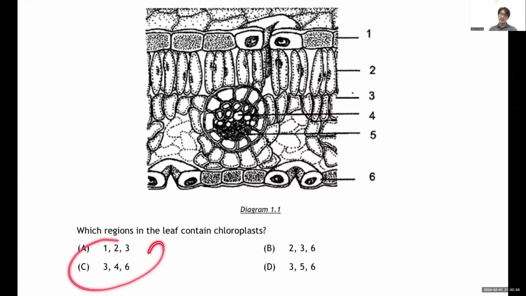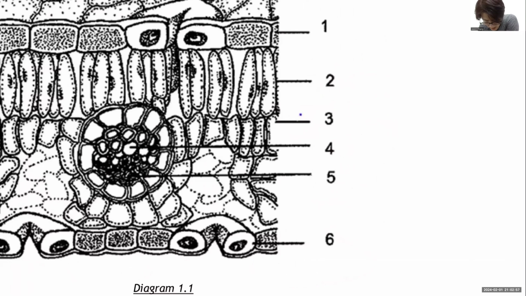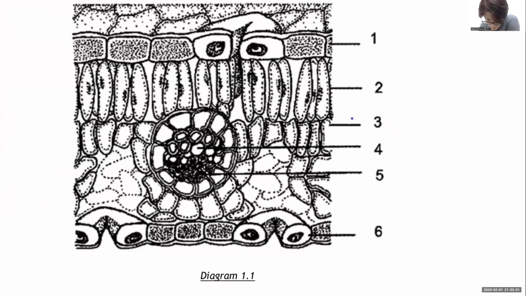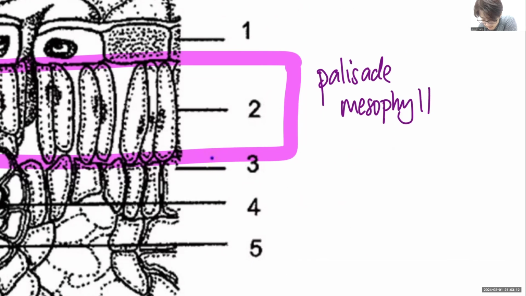Well, all my options got 3 things. Must remember, I want you all to identify this layer of cells. Let's start with mesophyll cells.